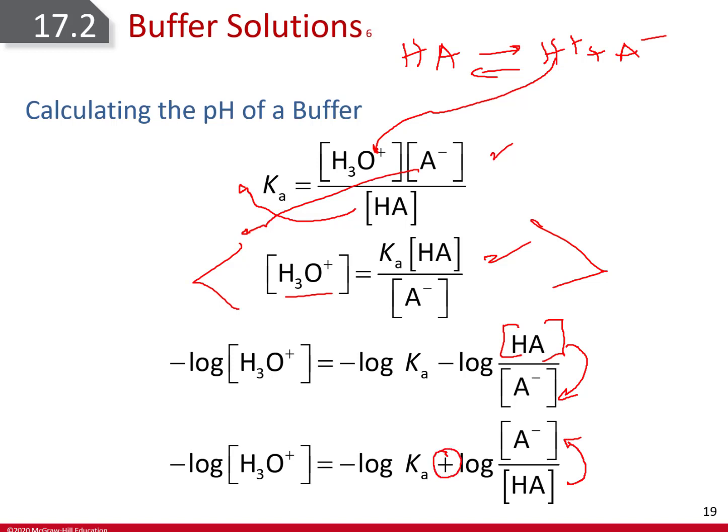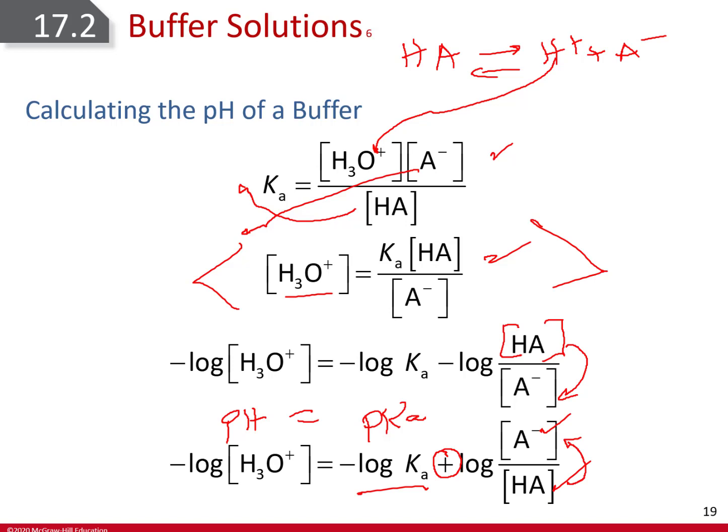Okay, so now it's plus. You go, why did we do that? Well, people don't like negative logs for the most part, so that's why we did that. And then you know that negative log of the hydronium ion concentration is pH, and negative log of the Ka is called pKa. So now what we have is pH equals pKa plus the log of the conjugate base over the molecular acid.